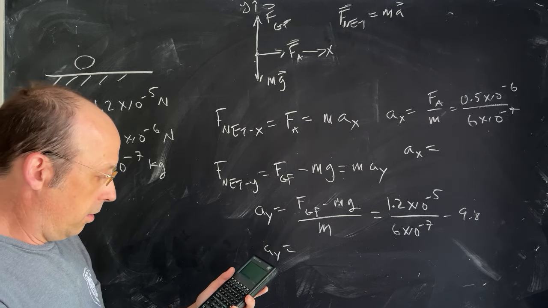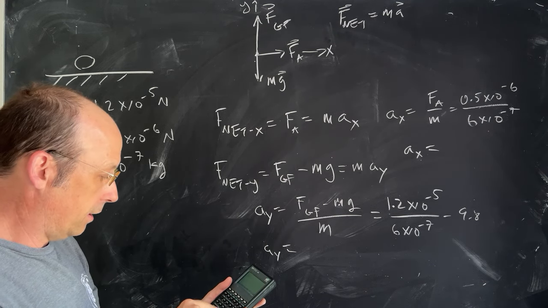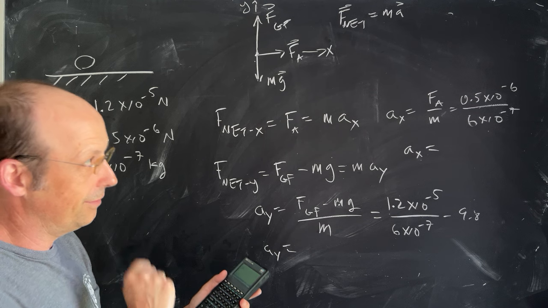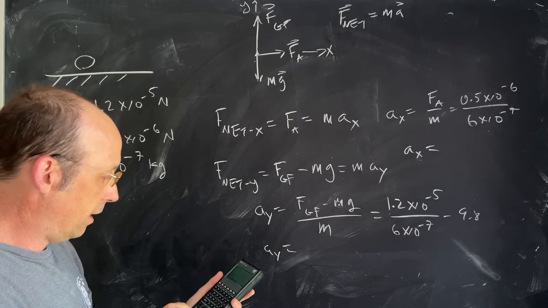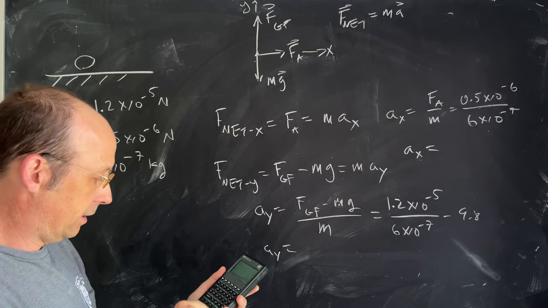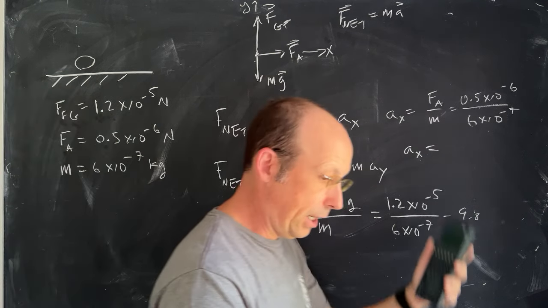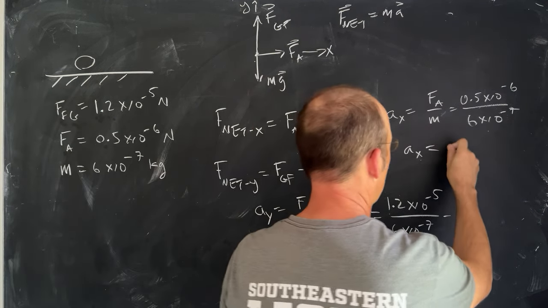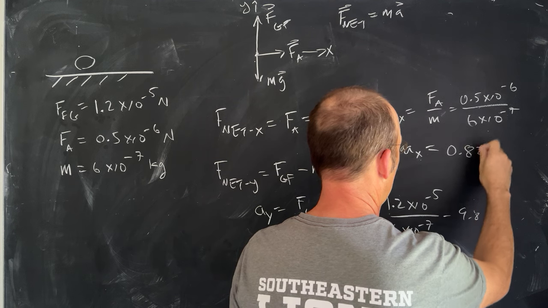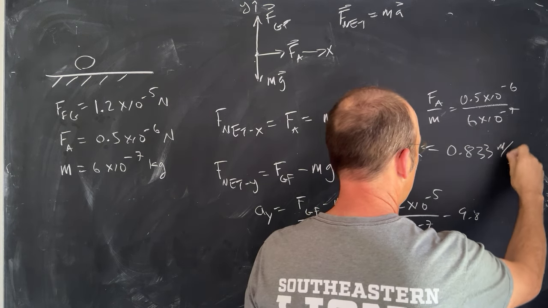Okay, this one right here, 0.5, scientific notation, 10 to the negative 6th, divided by 6 times 10 to the negative 7th, and I get 0.833 meters per second squared.